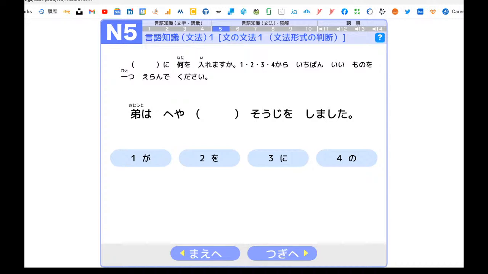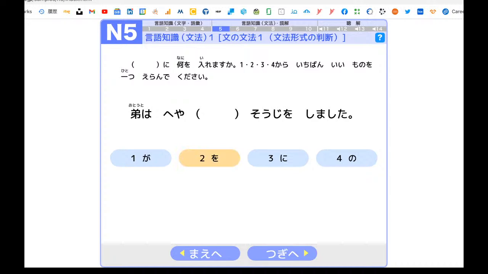So 部屋 should be the object. Then what would be the best answer? が is used for mainly making the subject, and we already have a subject, so we just skip it.